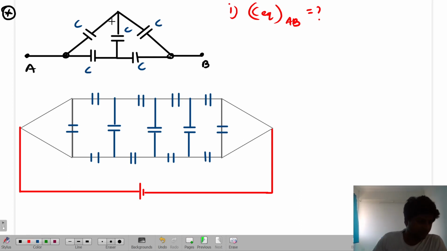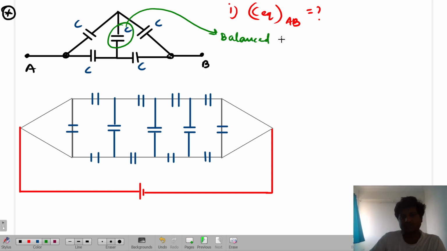This is like a balanced Wheatstone bridge, isn't it? If it is a balanced Wheatstone bridge, then what will happen? No charge through this, isn't it? So net, look over here, these two are in series. So this will be C by 2, isn't it?